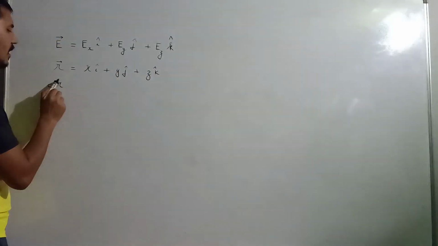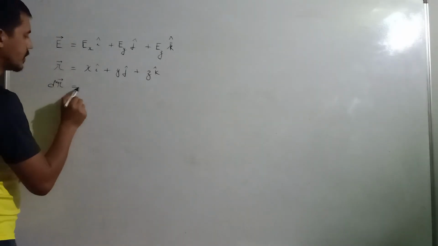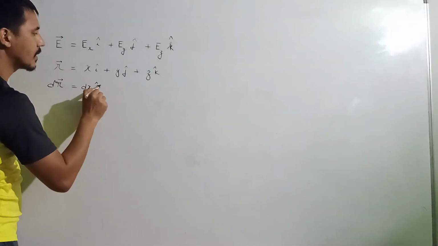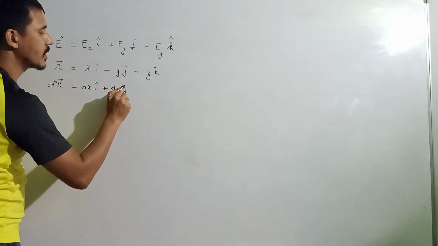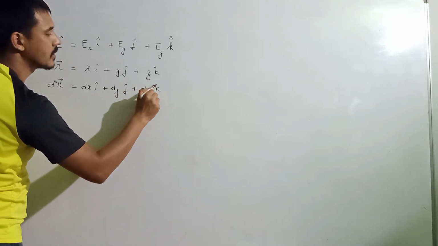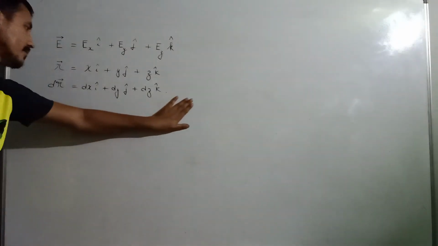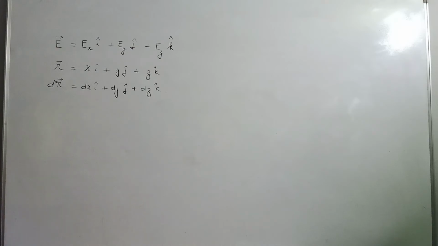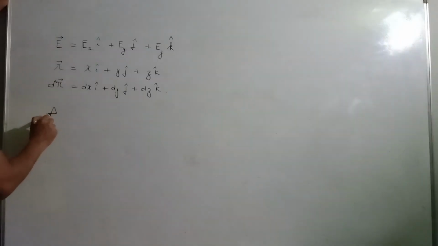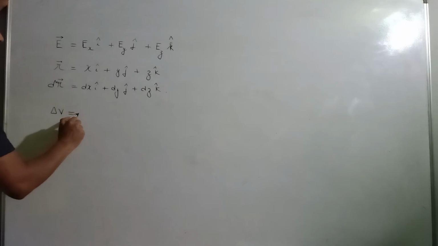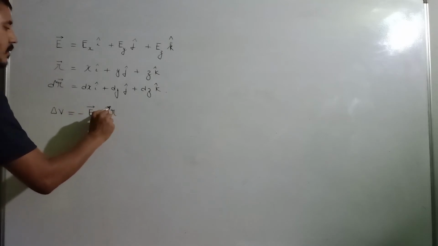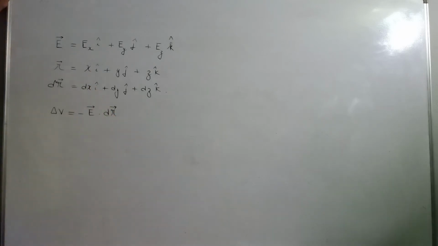If I write dr, then dx i cap plus dy j cap plus dz k cap, right? Now we know that the electric potential is given by minus E dot dr. You can use del r also, no problem.